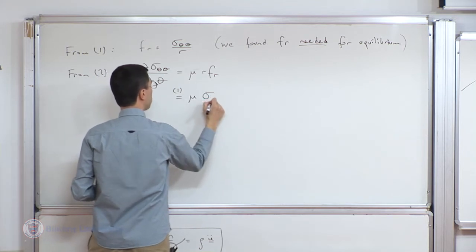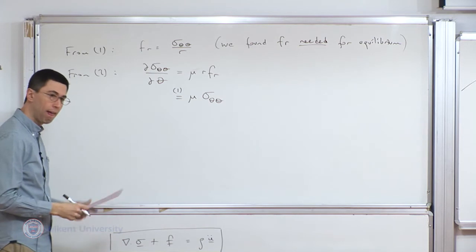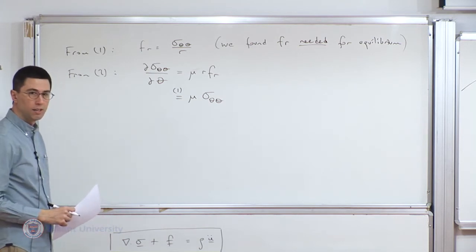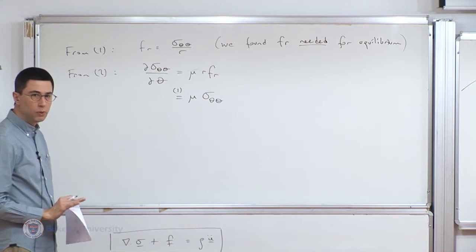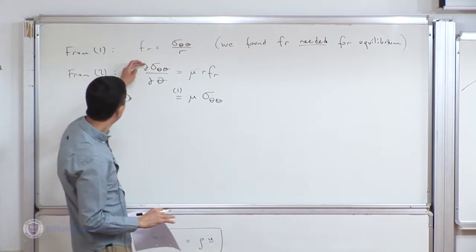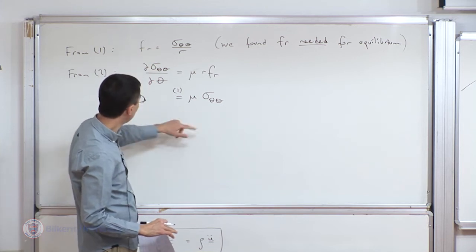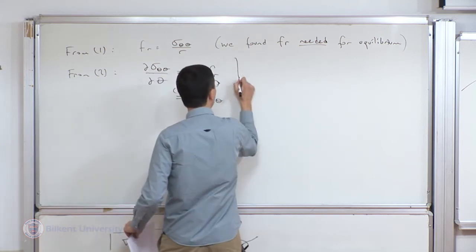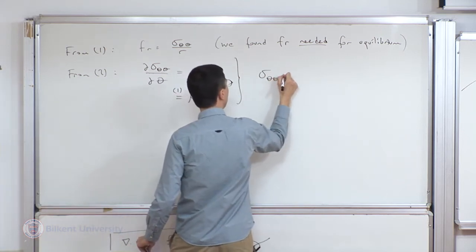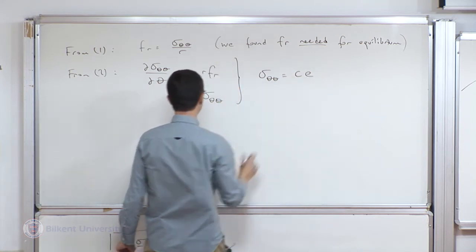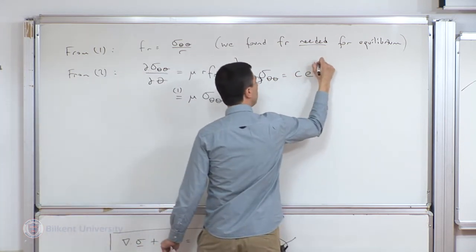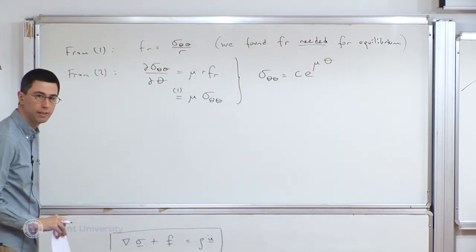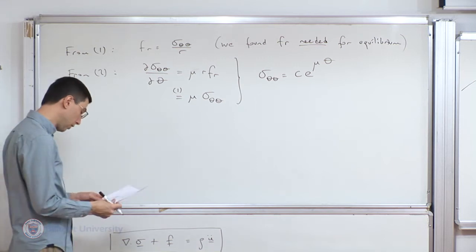So it's mu sigma theta theta. And we're, in essence, done. Now I have an equation, derivative with respect to theta, in terms of the variable I'm interested in. So I can directly integrate that. So sigma theta theta must be a constant times exponential of mu times the coordinate, which is theta. That's the solution of this differential equation.